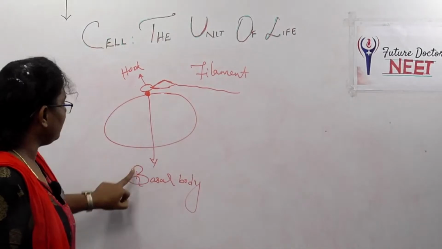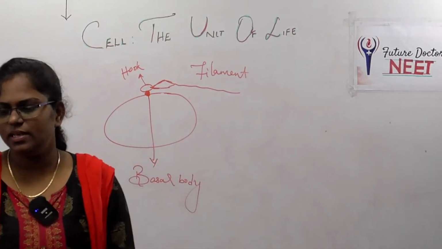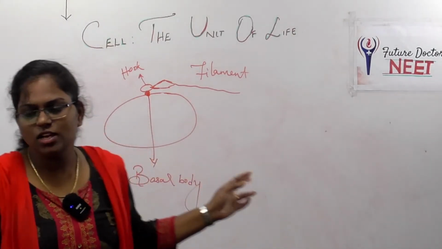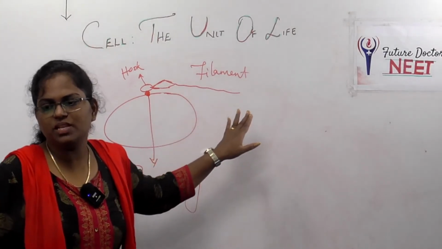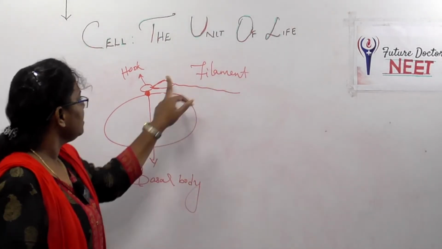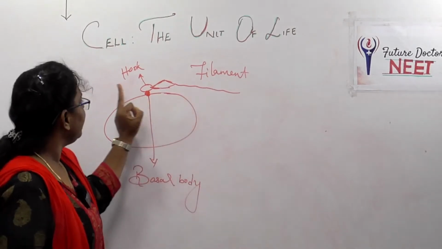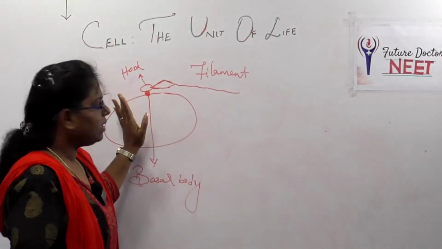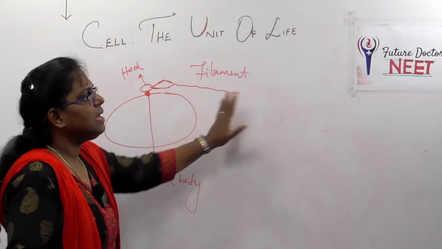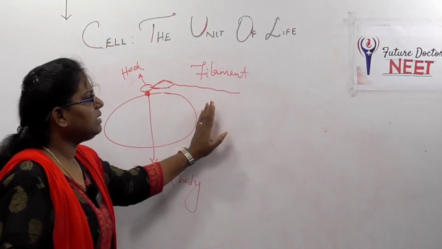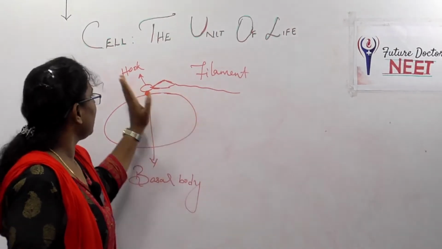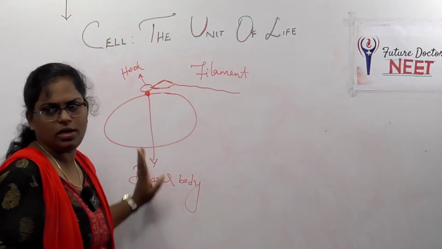This is the hook and this is the basal body. The filament is the longest portion and extends from the cell surface outside the body. See this filament, it extends outside the bacterial cell, and the second one is the hook, and this is the basal body.